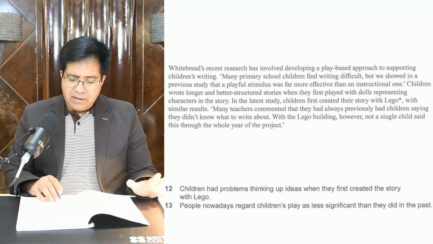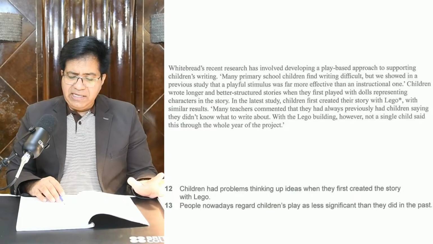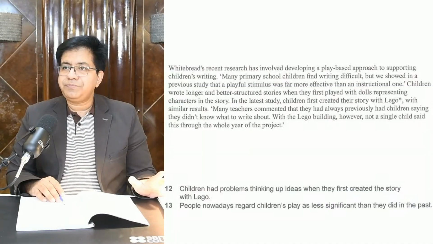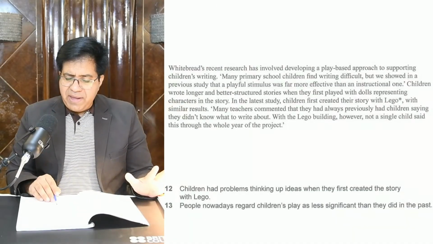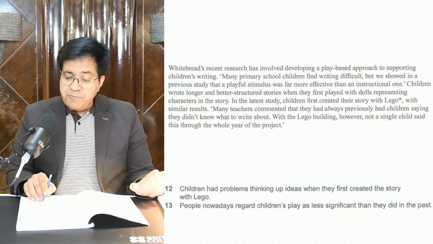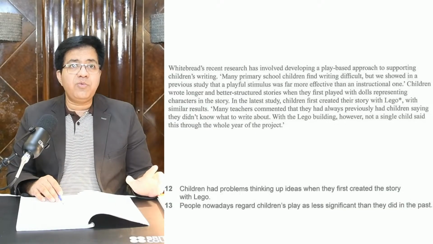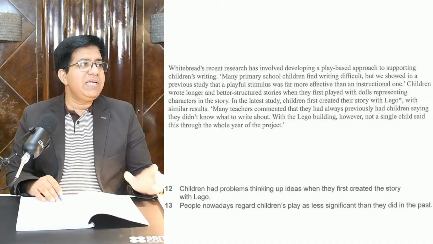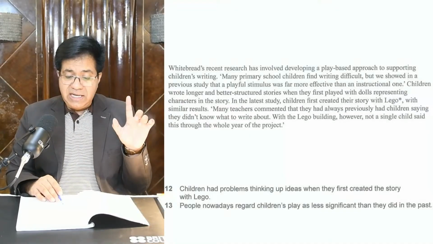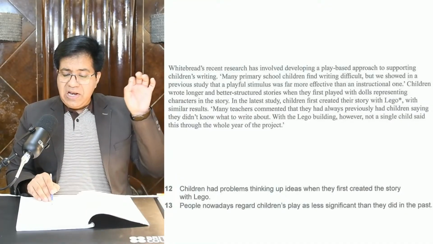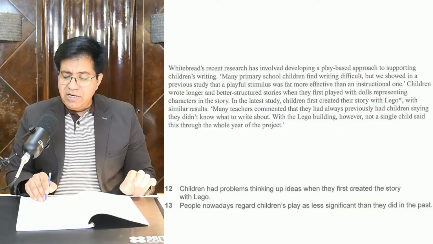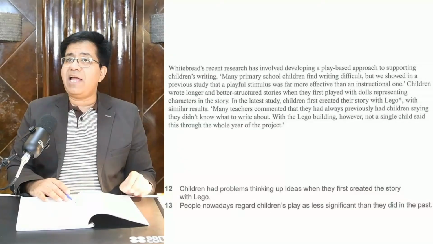Okay, same paragraph, third last line. Many teachers. Found it? Many teachers commented that they had always previously had children saying they didn't know what to write. Didn't know what to write means they did not have ideas about. With the Lego building, however, not a single child said this.